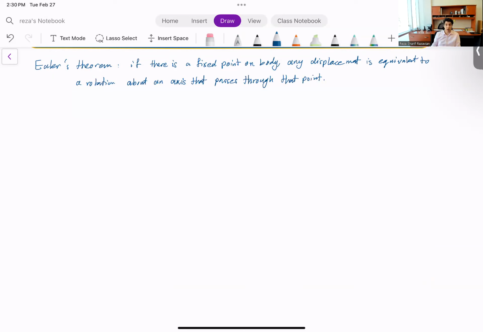Here, displacement of the body, obviously, we're talking about. So that is Euler's theorem, but that is only valid when there is a fixed point on the body.